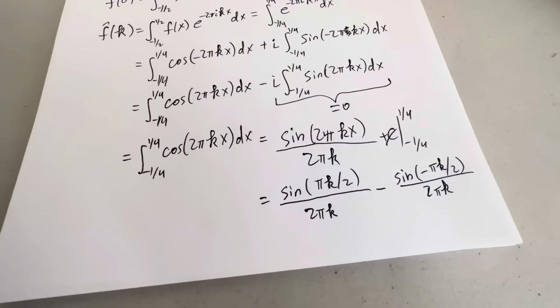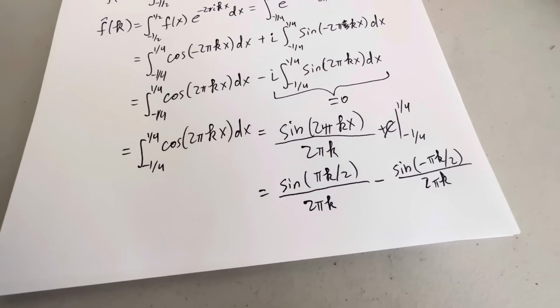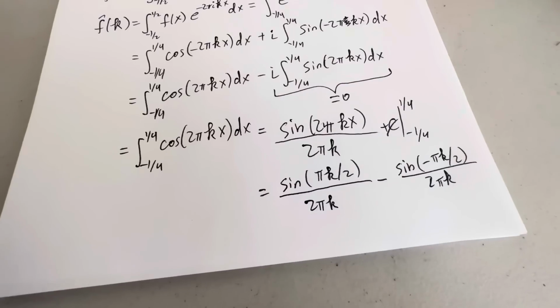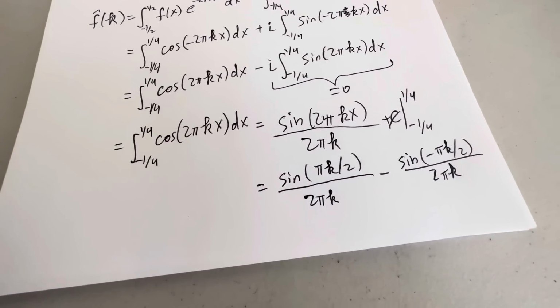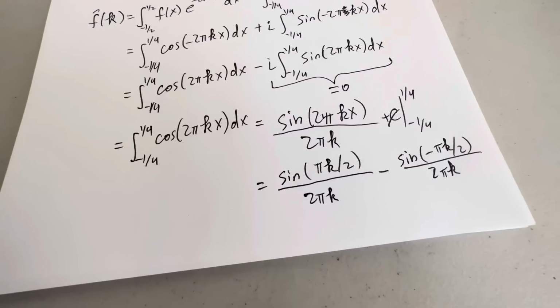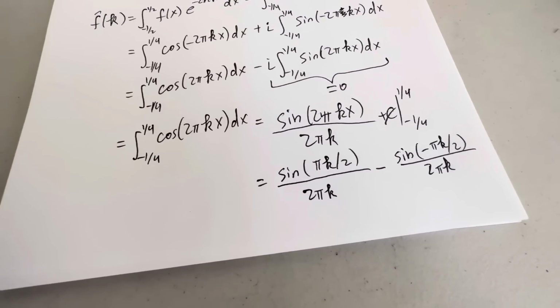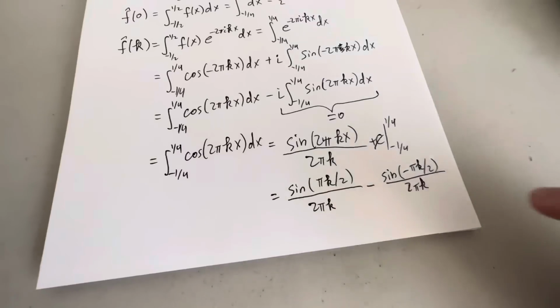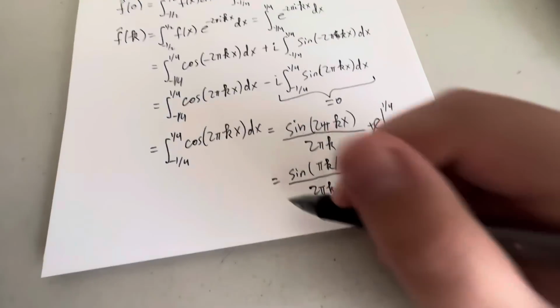And do I like this or do I not like this? It's fine the way it's written here. Oh, yes, I do. Remember, sine is an odd function, so the negative can come out.